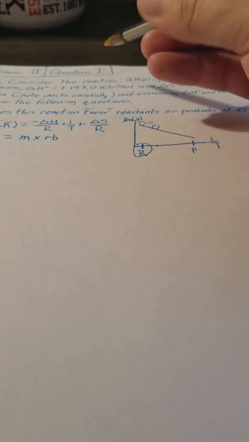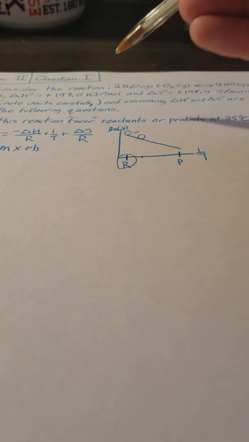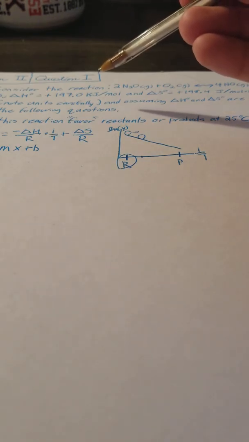Now, delta H is in kilojoules, where delta S is in joules. So we're going to have to make sure that we convert one or the other to what we want. Normally we would want kilojoules, so we would convert our delta S, which is in joules, by dividing by 1,000 to get kilojoules.